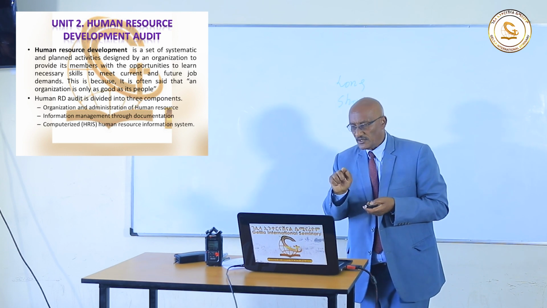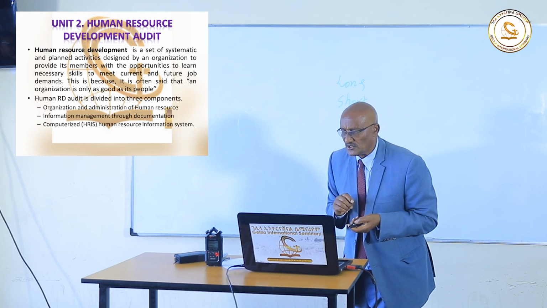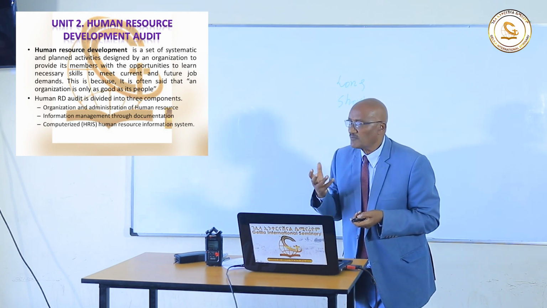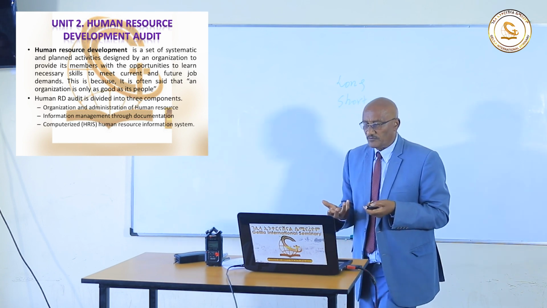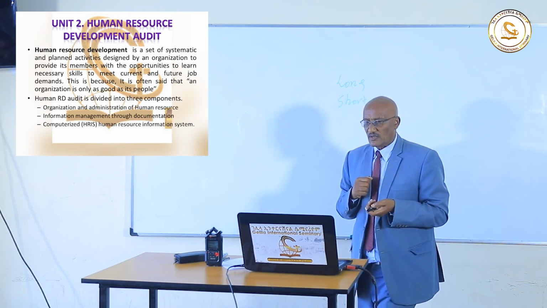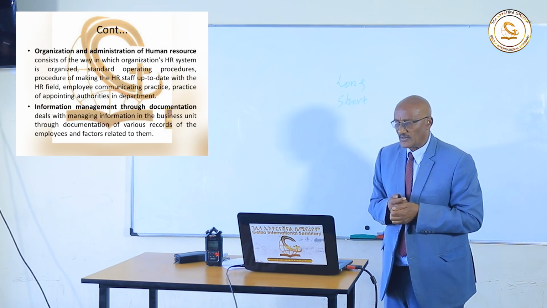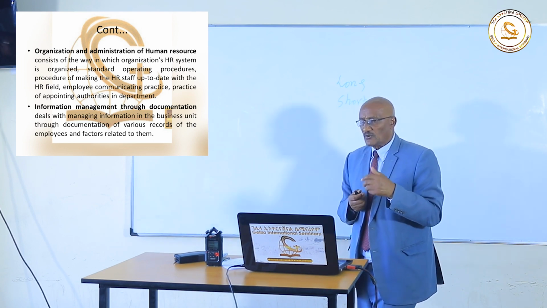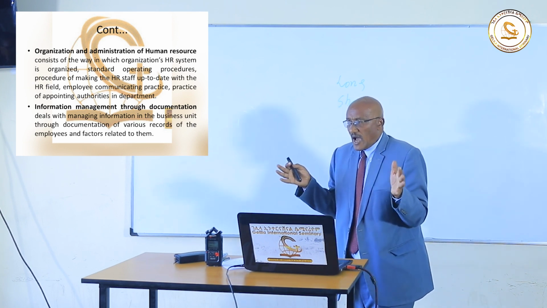Three things are here in human resource development components. One is organizational administration of human resource. Second point is information management through documentation. Third point is computerized human resource information system. Organization and administration of human resource system consists of the way in which the organization's human resource system is organized.